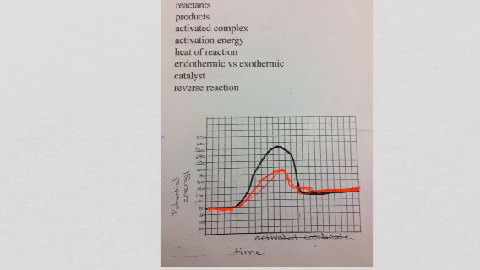So you start at the same place, you end at the same place, but ultimately, it lowers the hill down. So your activated complex is way down here now instead of way up here. So it lowered the activated complex. It also then lowered the activation energy because that's over here. It lowered one more thing, but to do that we have to look at the reverse reaction. So for right now, we'll just go with that.